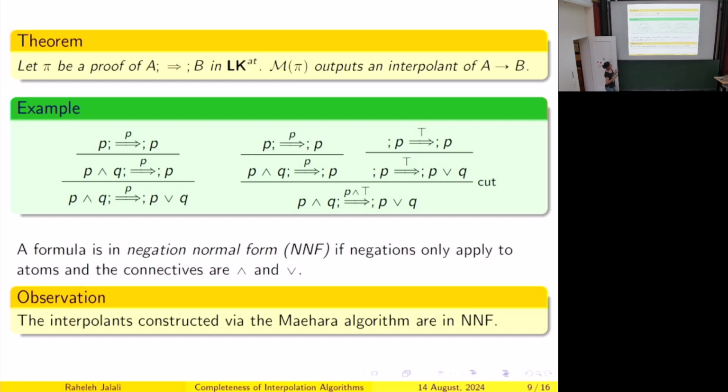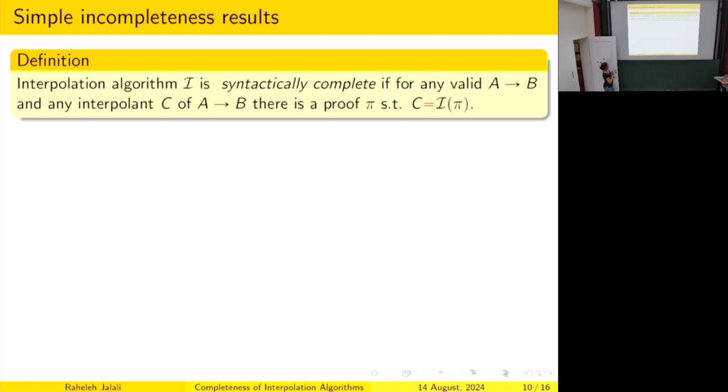One more definition: a formula is in negation normal form when negations only apply on atoms and the other connectives are conjunction and disjunction. And a very easy observation is that the interpolants that we construct from the Maehara interpolation algorithm are all in negation normal form. So now we have our first incompleteness result. Before that, let me define syntactically complete.